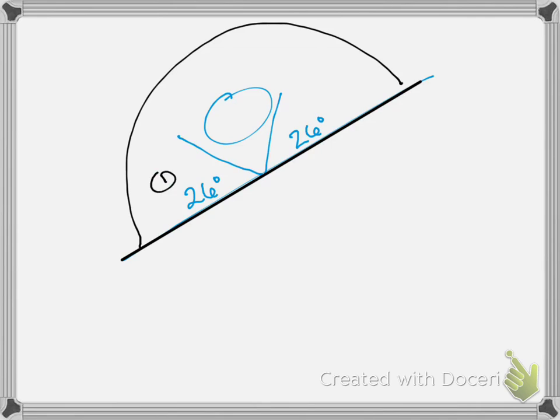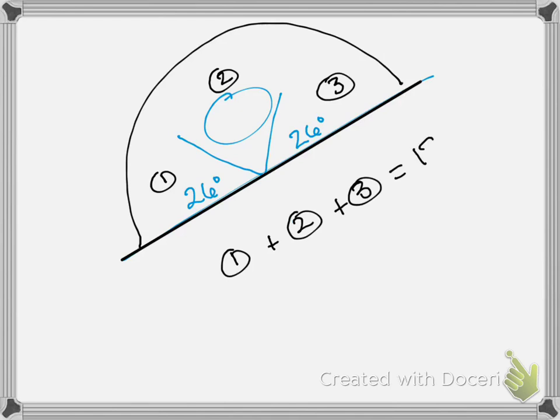So in this case, you got 3 angles here. All 3 of them got to add to be 180 degrees. Okay? So we're just going to plug those in. Angle 1 is 26. We don't know what angle 2 is. Angle 3 is 26 again. So if I just subtract 26 from 180 twice, that's going to give me what this angle 2 is.